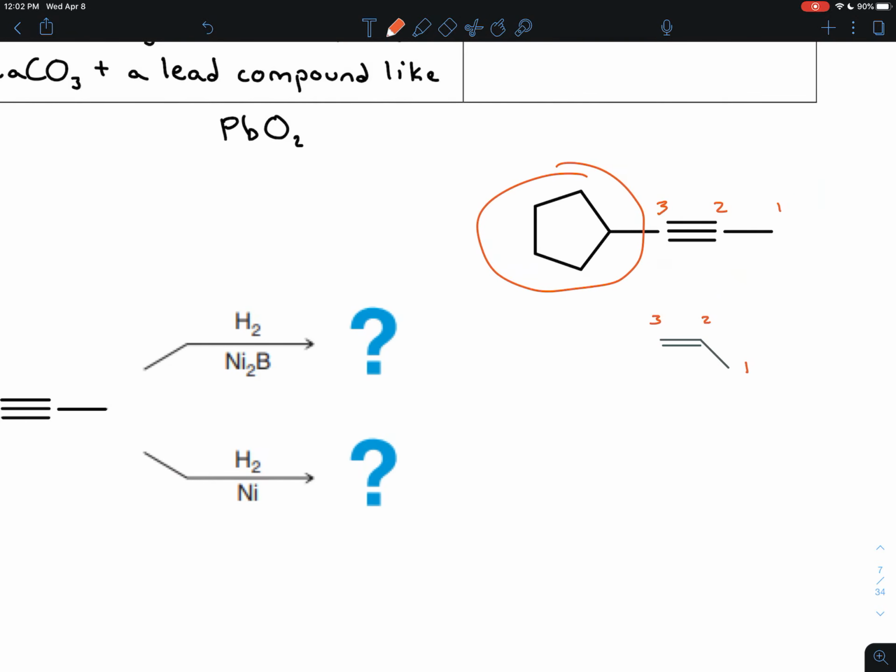The next carbon has to be a carbon in this 5-membered ring. So I'm going to go down, sure, but that is going to be one of these 5-membered ring carbons.